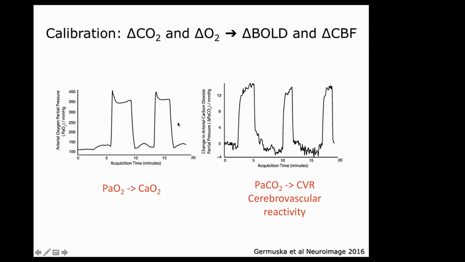You can see here examples of end tidal oxygen levels shown on the left and carbon dioxide changes shown on the right. We take our end tidal values as representative of changes in arterial concentrations.